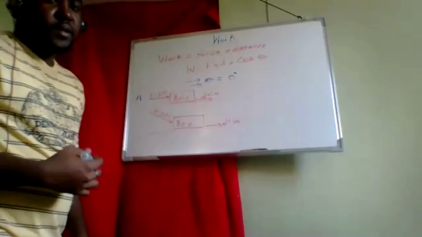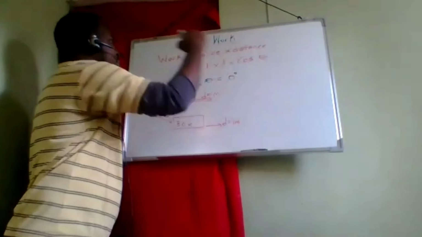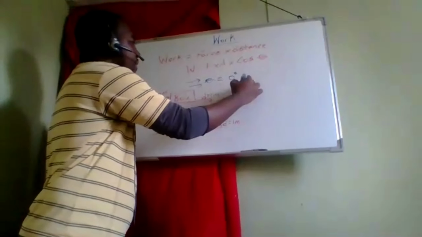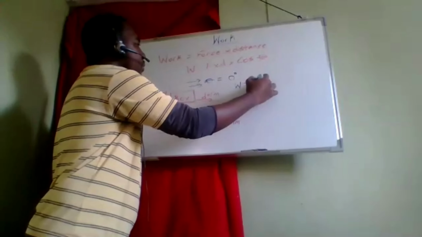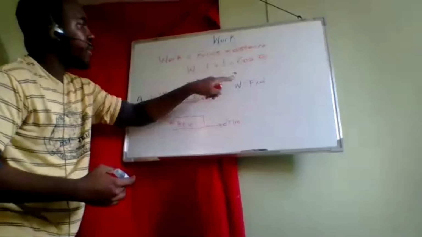There is no angle created. So if we go with cos 0, we get 1. Therefore, in this case, work is just force times distance, because cos 0 is 1.